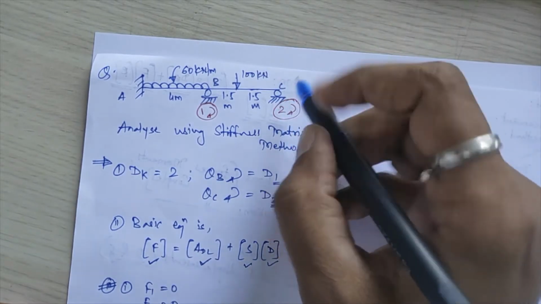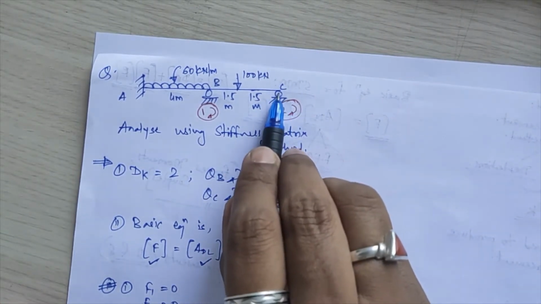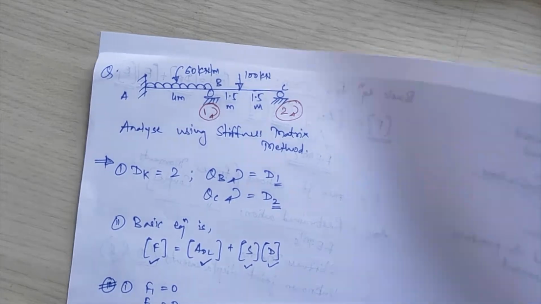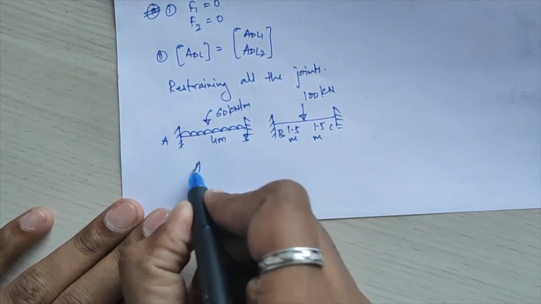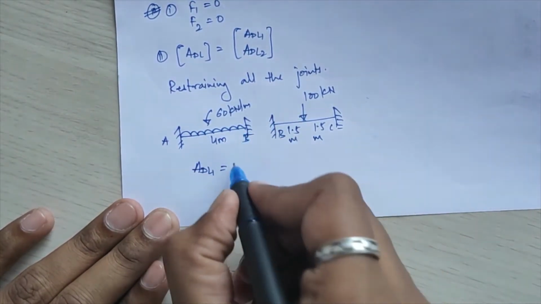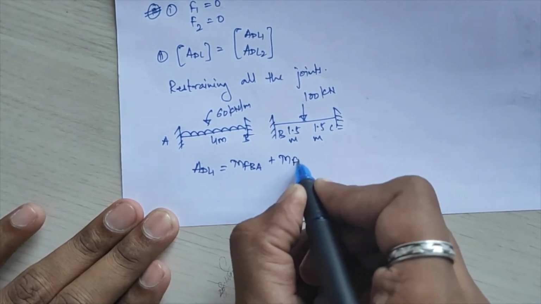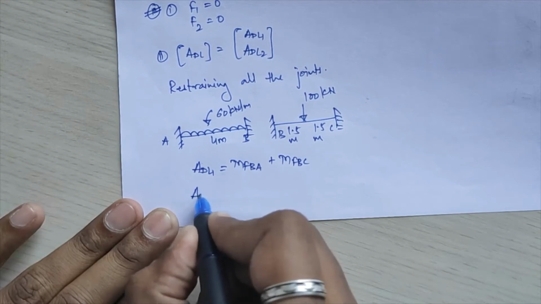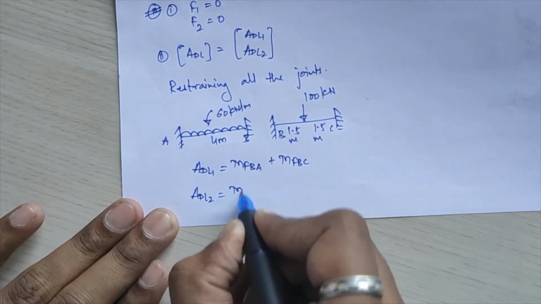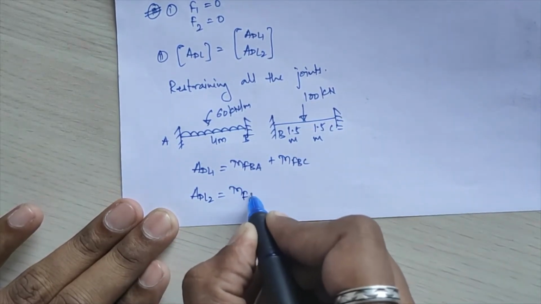Same way, here I will have only one value, that is MFCB, so ADL2 will be MFCB.